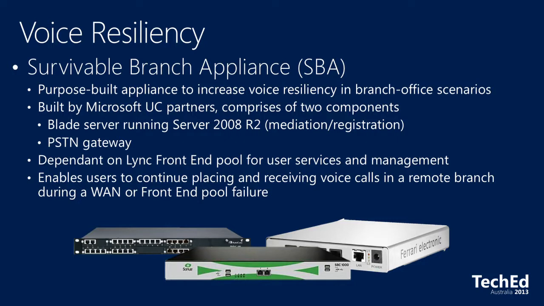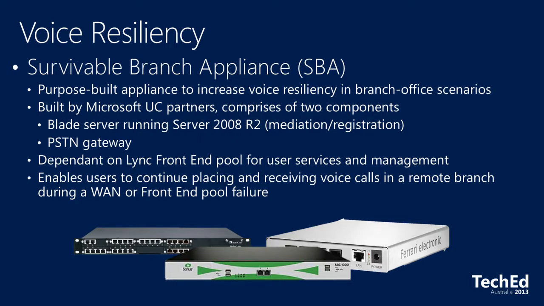Okay, so the survival branch appliance. Before, we were looking at the Sonus gateway interface, and that is part of the story with an SBA. So you have that gateway component. Inside the chassis in a survival branch appliance, you also have effectively a full Windows Server 2008 R2 instance running Microsoft Lync, running a subset of functionality.